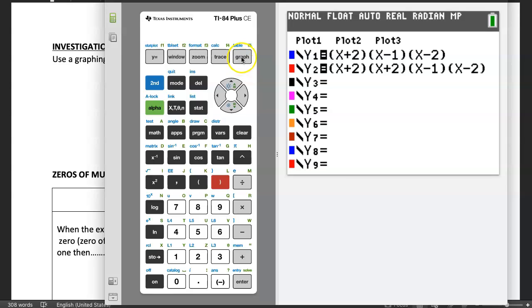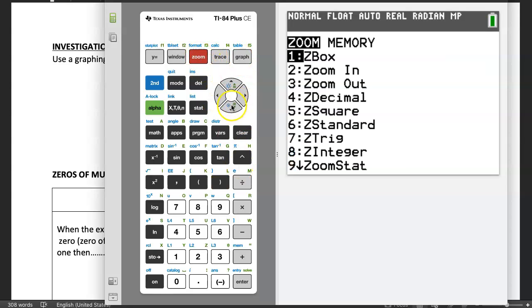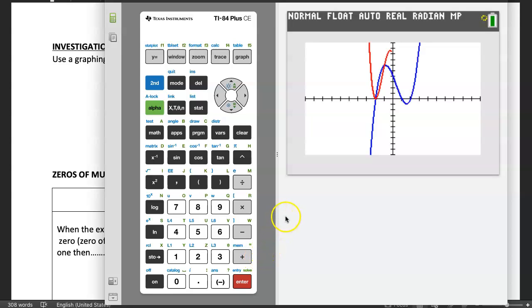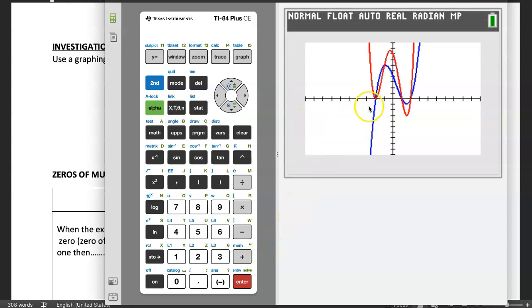Let's go ahead and see how they differ. We'll do a good old zoom standard, make sure we're in the right window. So this first one, we have zeros at -2, which we expected, at 1, and at 2. Looks like it's the same, but this one, the red one, has a slightly different zero.